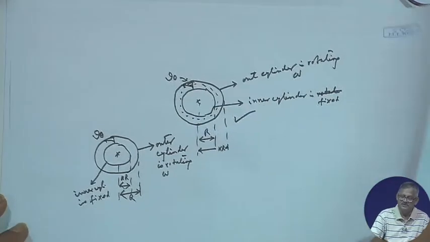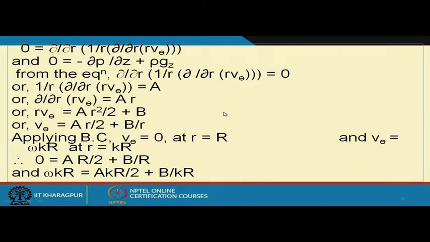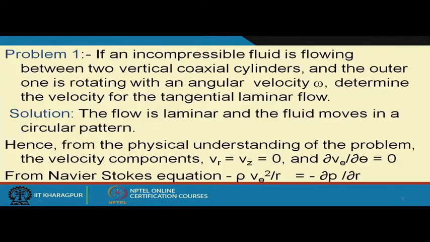If this be the case, then let us see how we can proceed. We started here with, from the given problem, V r is equal to V z is equal to 0, and del V theta by del theta is 0, same. From the Navier-Stokes equation, the first equation gave rho V theta square by r is equal to minus del P by del r.